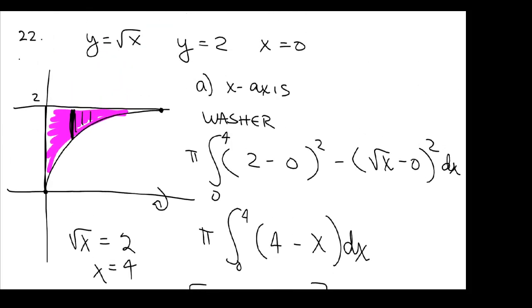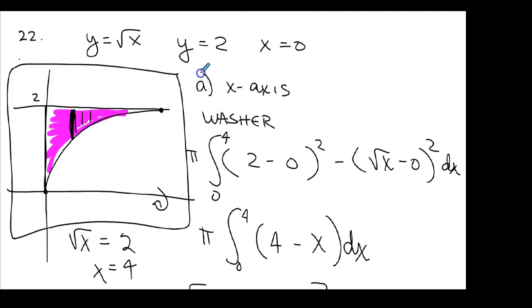For this problem, once I get my graph and find my region, I pick the rectangle I would prefer to work with no matter what I have to do with that region. And the reason I prefer a vertical rectangle is, for one thing, the height of that rectangle is always the line minus the curve.